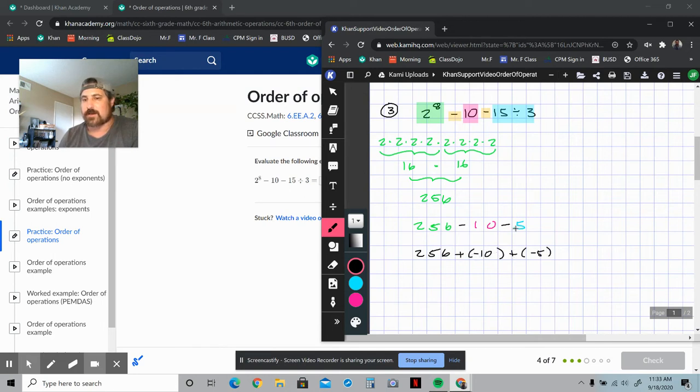Or you could do it 2 at a time, take away 10, then take away 5. Either way, what you really have here is 256 plus negative 15. Right? In other words, you're going to take 15 away from 256. The positive is going to win by how much? Well, 256 minus 15 is going to be take away 10, 246, take away 5, 241. So you're looking at 241 as your answer there.